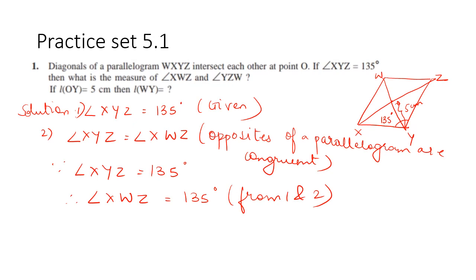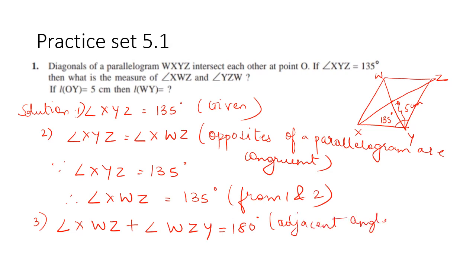So we have proved it. Then we can say angle XWZ plus angle WZY is equal to 180 degrees. Why? Because adjacent angles of a parallelogram are supplementary.